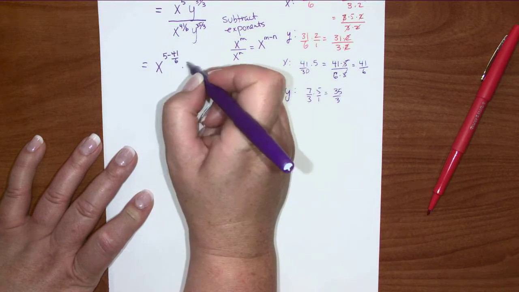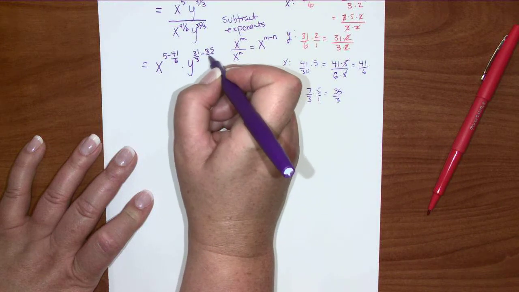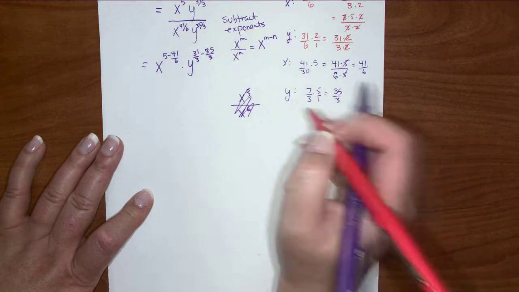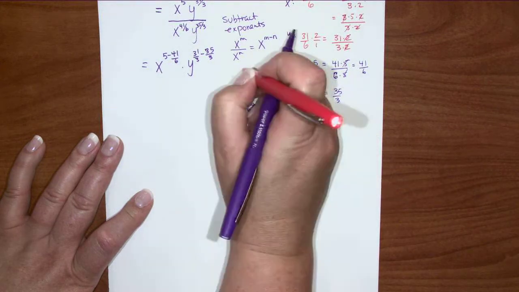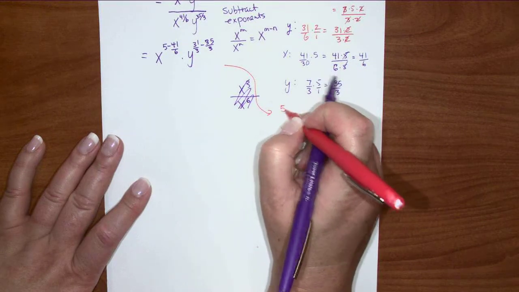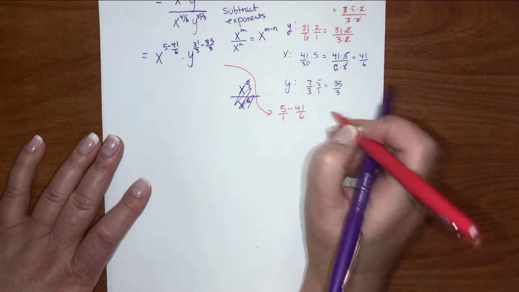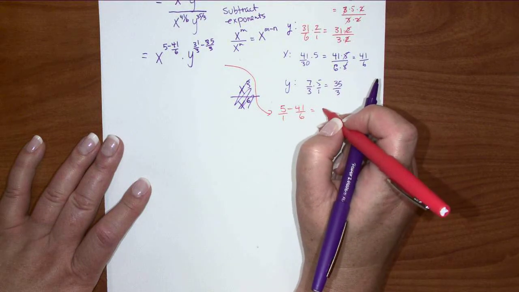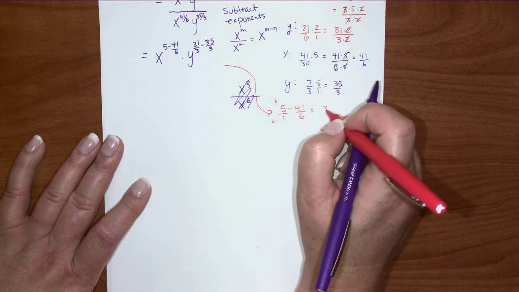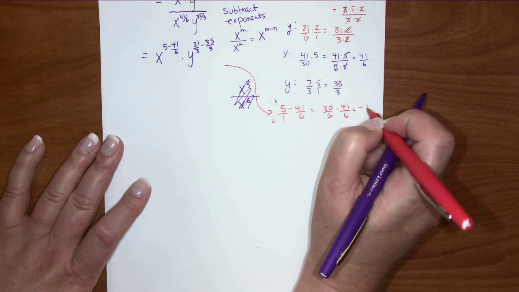And y to the 31 over 3 minus 35 over 3. So 5 minus 41 over 6. It's like a 5 over 1. So common denominator 6. If we multiply that by 6, 30 over 6 minus 41 over 6 is minus 11 over 6.